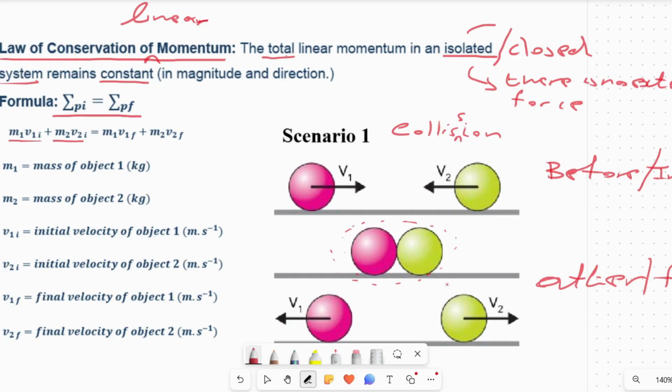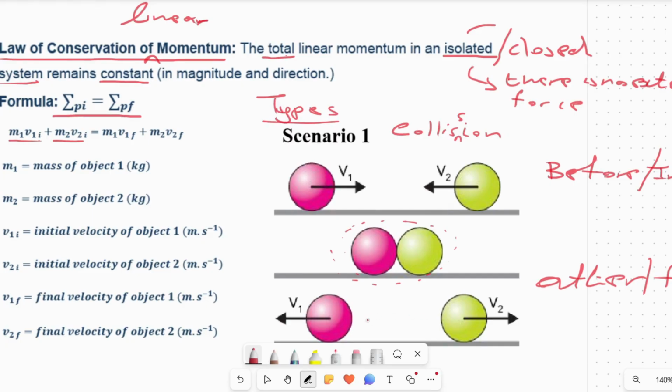All right, so now let's look at the types of collision that can happen in real life. We can have scenario number 1 where two objects are coming from opposite directions, they collide and then they separate by going back in the opposite direction.